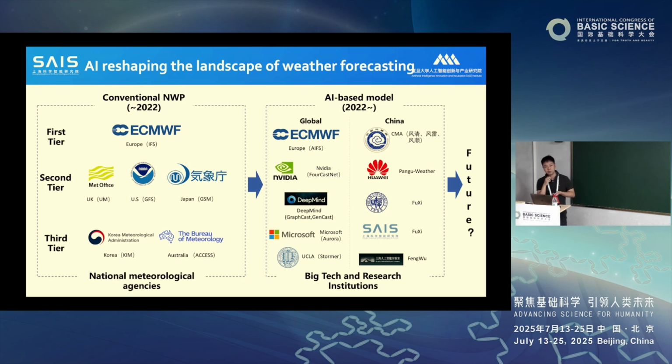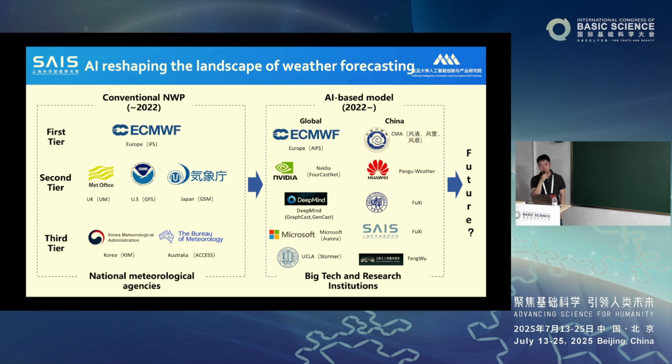You need people to take care of different observation instruments, people with different expertise to take care of different physical parameterization schemes, and people to do the data assimilation. So a lot of work has to be done. That's why only those countries I listed here, mostly developed countries, do it.